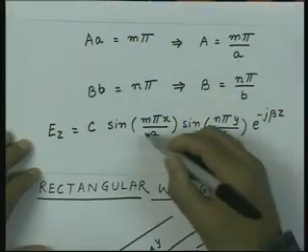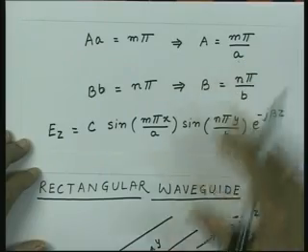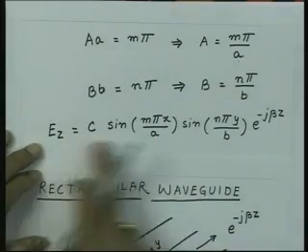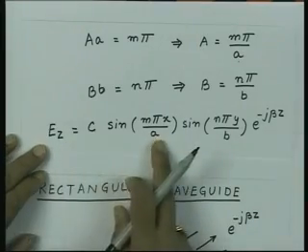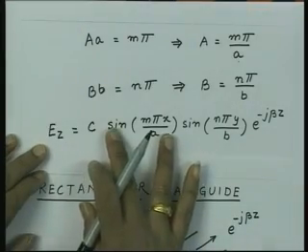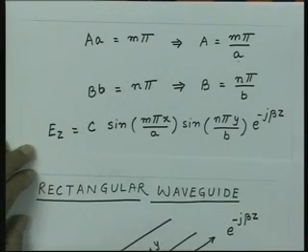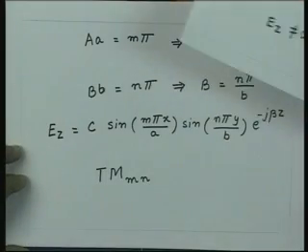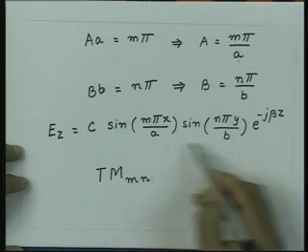And as we can see, in the limit when a or b tends to infinity, this waveguide will become a parallel plane waveguide, and then the expression which we had for Ez, or for that matter, as we will see later, for Hz, is identical to the expression for the electric field in the parallel plane waveguide. So, this field expression which we have got now can be reduced to the parallel plane waveguide by properly substituting either a equal to infinity or b equal to infinity.